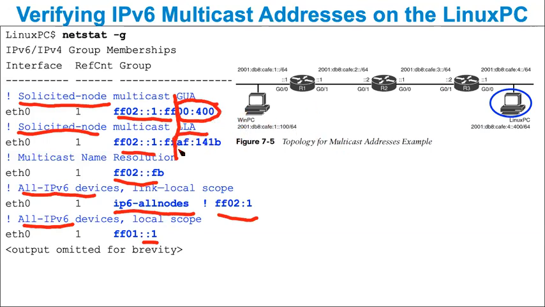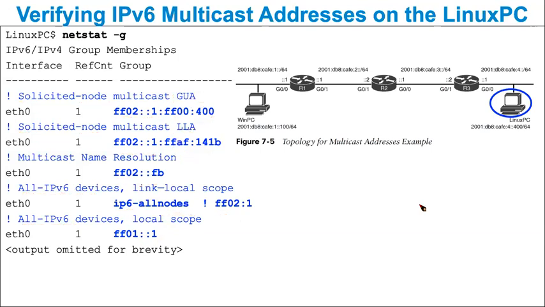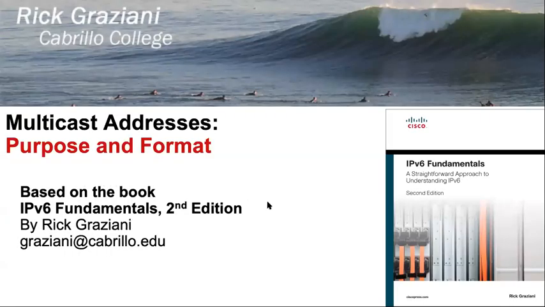And this is associated with its link local address. We'll be seeing that later, and why that's not just important, but very useful. All right, so that's a little introduction to the purpose and format of the IPv6 multicast address.